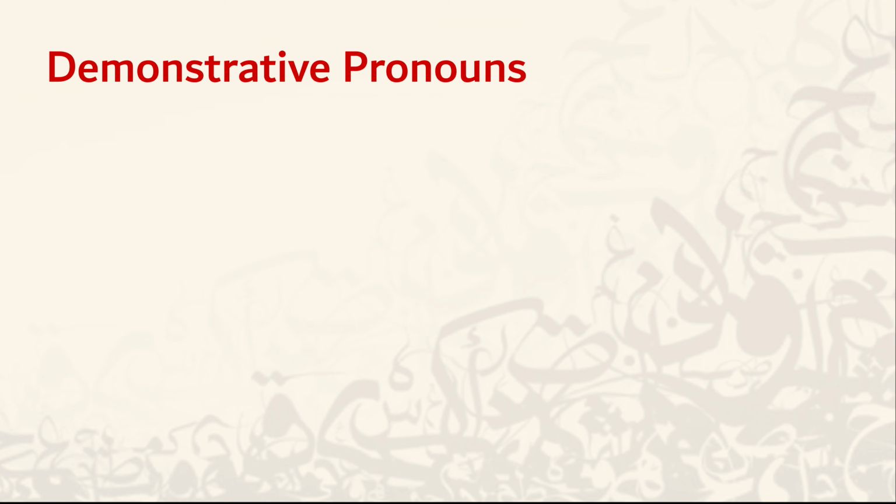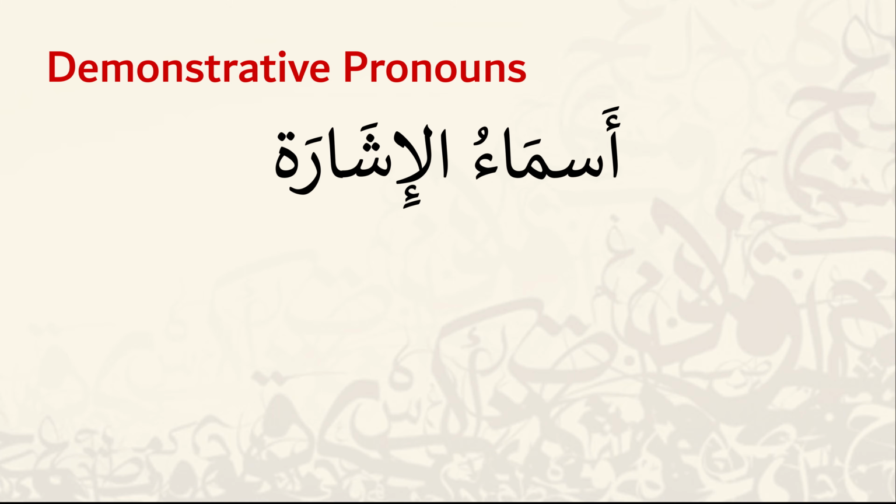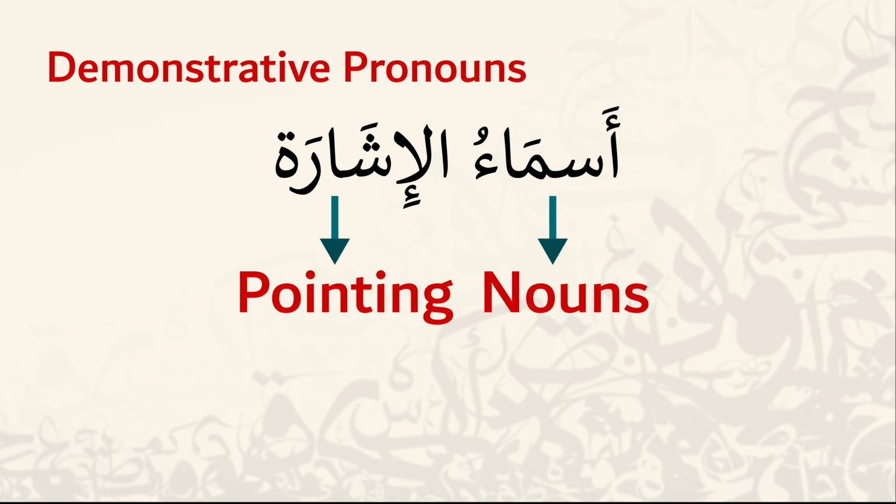Demonstrative pronouns in Arabic are called أسماء الإشارة. Let's analyze this terminology. أسماء means nouns and الإشارة means pointing, from the verb to point. So altogether, the pointing nouns, and they are nouns by type as we explained before in the second lesson of this course.